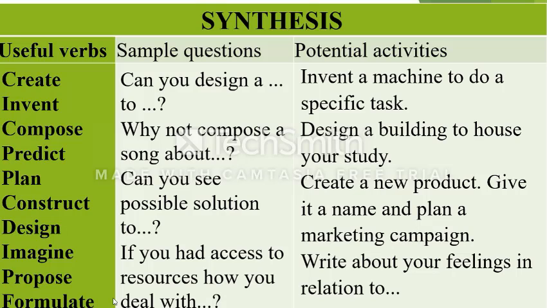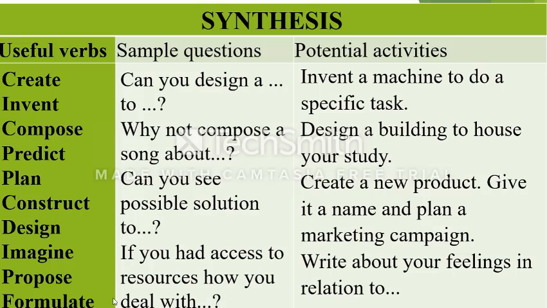The potential activities involved: invent a machine to do a specific task. It means you know the parts of the machine. If you know the parts of the machine, then you can invent a machine. Design a building to house your study. Create a new product, give it a name, and plan a marketing campaign.